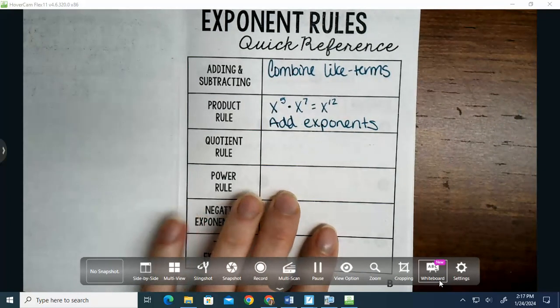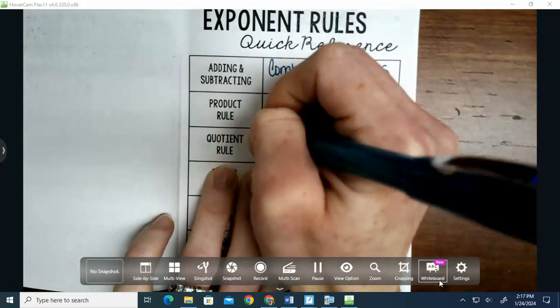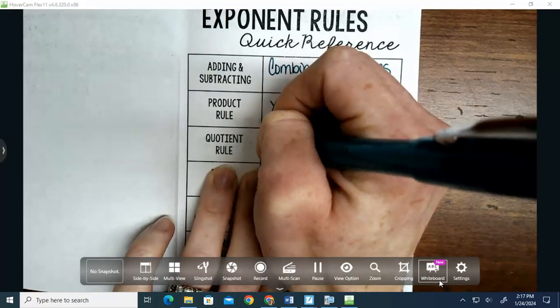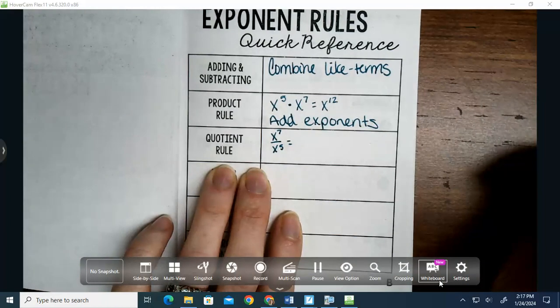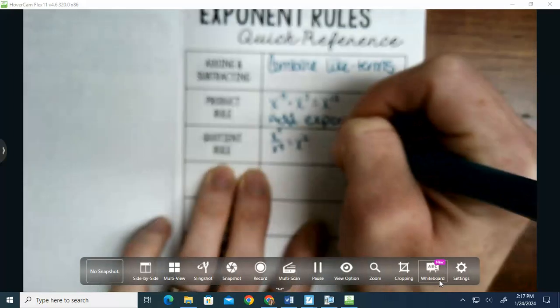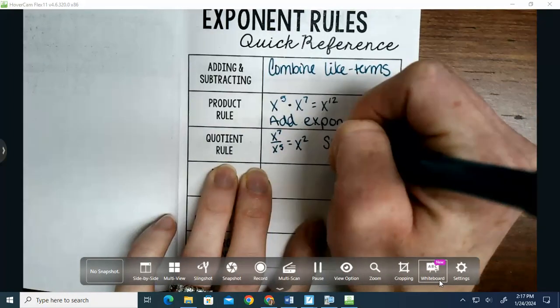Okay, the one that we covered last time, the quotient. If I have x to the 7th divided by x to the 5th, what does that equal? So in that case, we subtract the exponents.